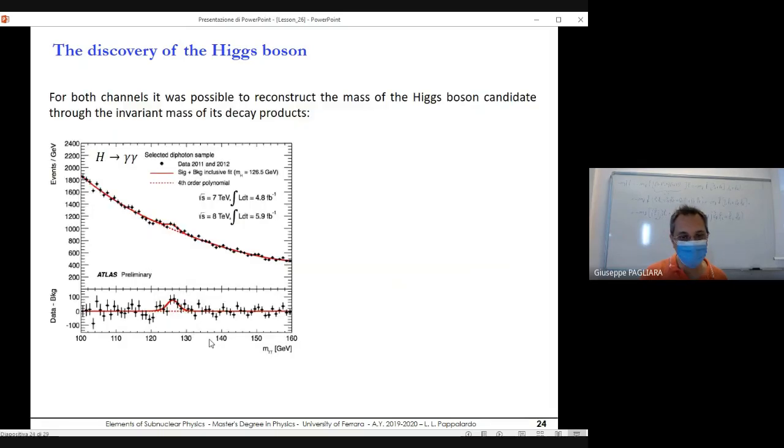And so these are now the discovery plots. This is the Higgs into 2 photons, and this is ATLAS data. This is essentially the invariant mass of the 2 photon system, and you see that at a certain point they found a little bump, at around 125 GeV. If you look at the difference between the data and the background, you see that the bump is quite visible here.